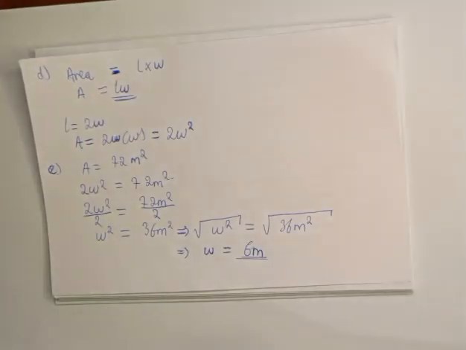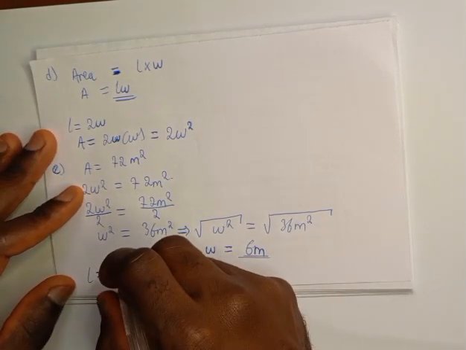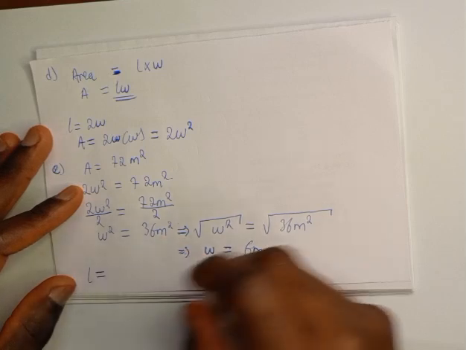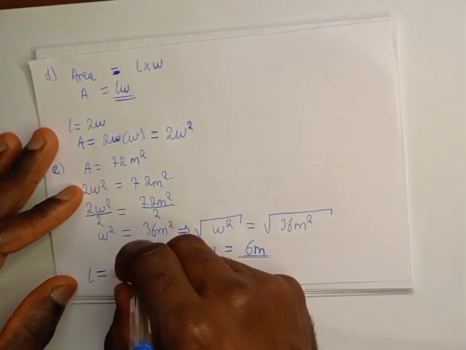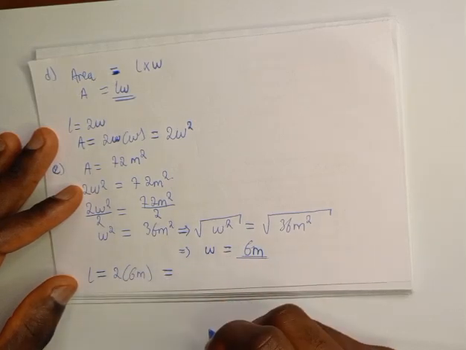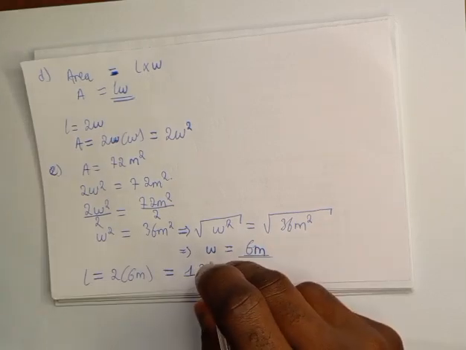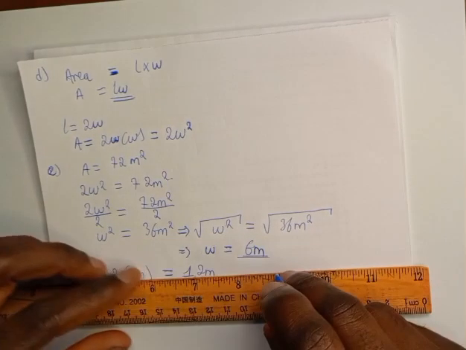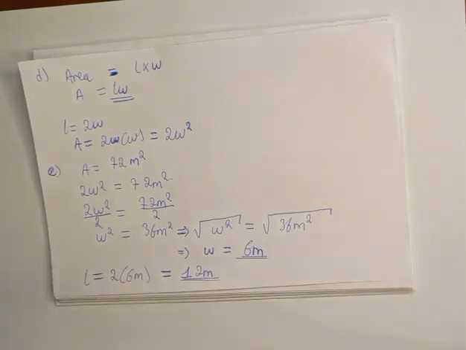Knowing the value of W, we can calculate L. We know L is equal to 2 times W. So this will give us 2 times 6 meters, which is 12 meters. Therefore, the width is 6 meters in this case, and the length is 12 meters.